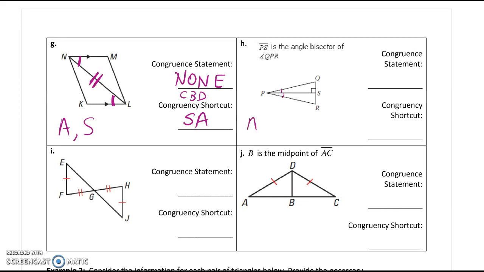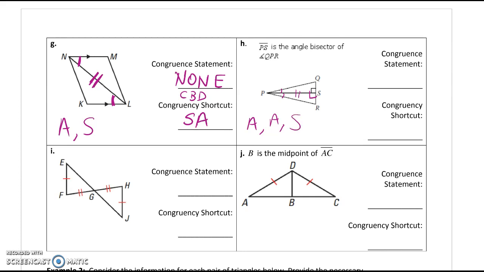So we have an angle that's congruent. Anything else? Well, if that's 90 degrees, then that's 90 degrees. So we have another angle because they're linear. And according to the reflexive property, PS is congruent to PS.